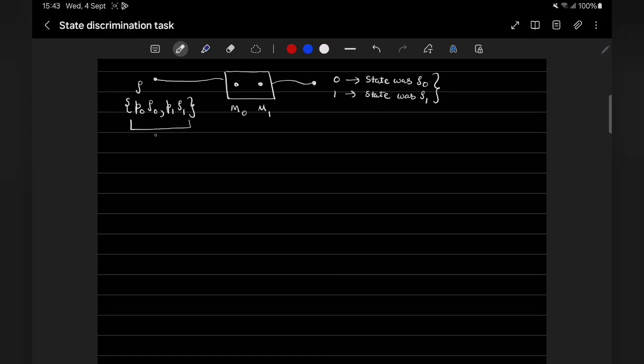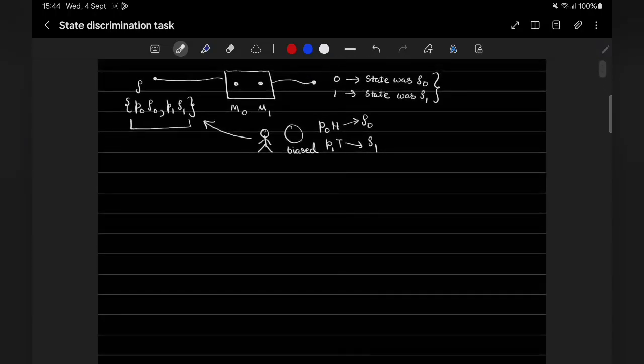For example, there is some third person who has a coin which is biased, and with probability P0 it is head, and with P1 it is tail, and based on this he prepares the state rho 0 or the state rho 1.